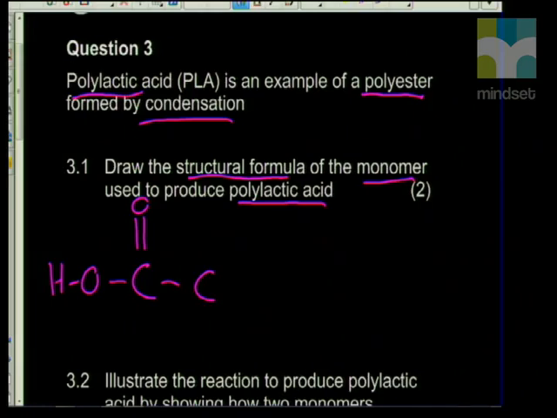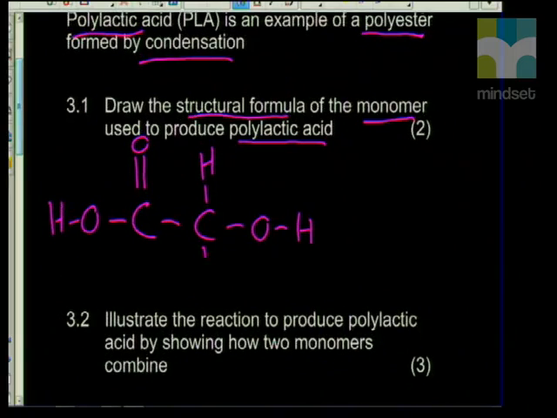In the chain, there are only 2 carbons. The one end is a carboxylic acid, the other end is an alcohol. The other trick is to remember that on that second carbon there's also a methyl group. And that's your structure of the monomer, lactic acid.